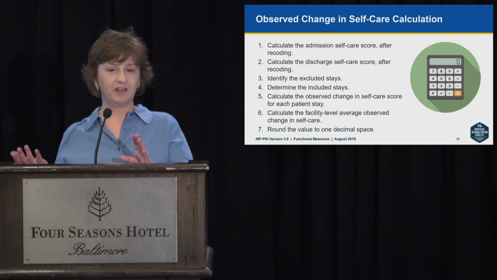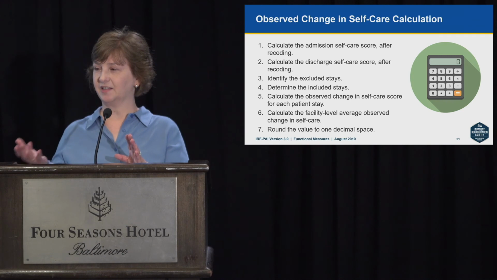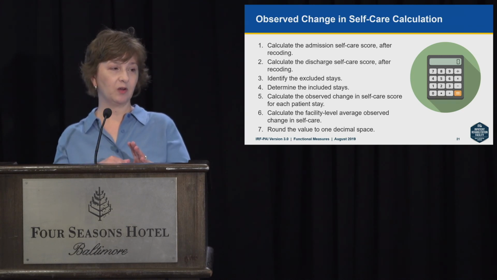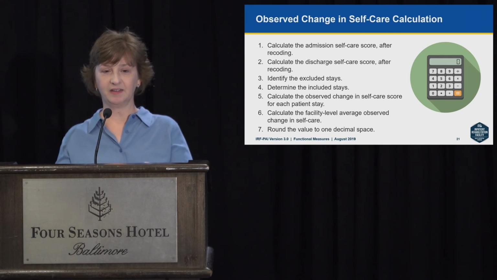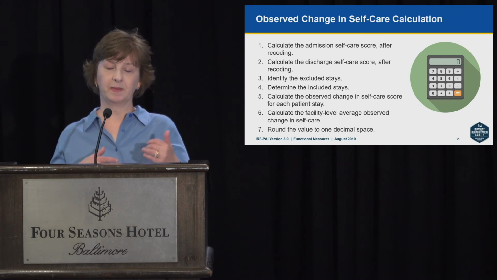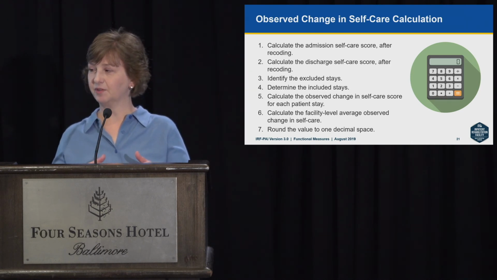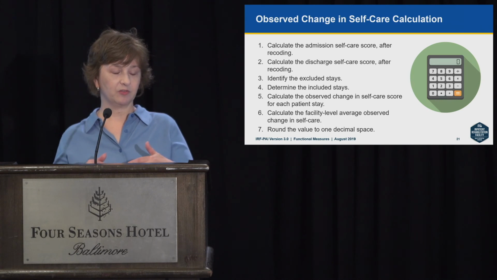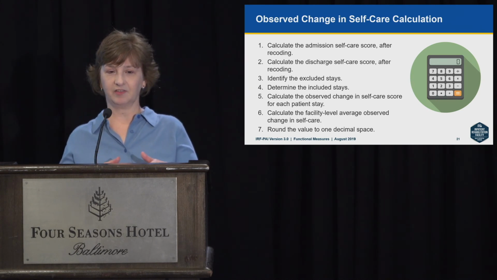For the activities that are coded with one of the activity not attempted codes on admission, those codes are actually recoded to a 1, dependent. Generally, if somebody is not able to perform an activity, they're dependent in an activity, they tend to be fairly disabled, and so the current approach is to recode those activities to 1.